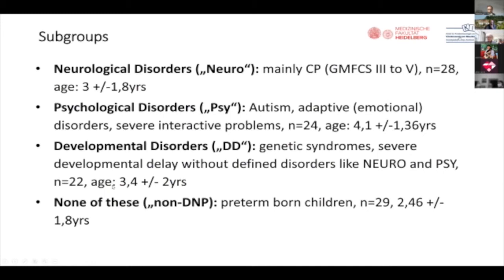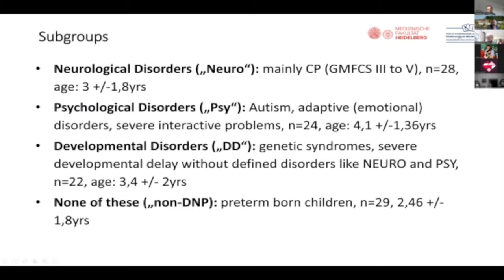So we divided this based on the leading disorders they had. There was a subgroup with mainly CP children. There was a subgroup with mainly autism, children with autism and other behavioral disorders, severe interaction problems.